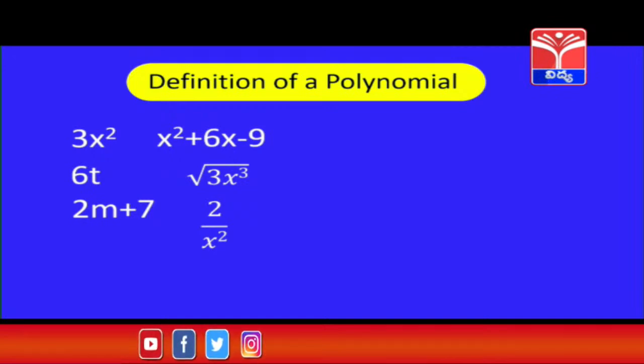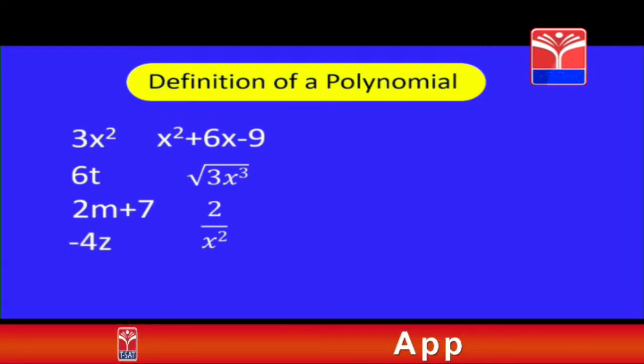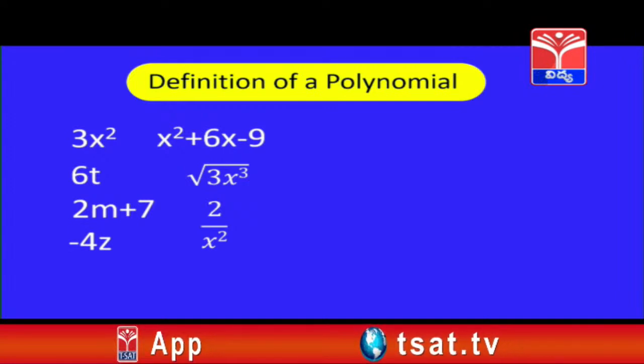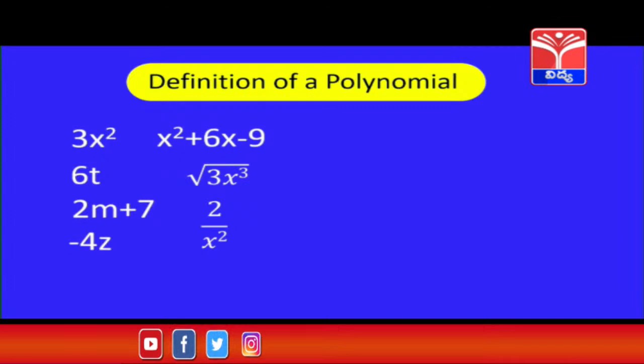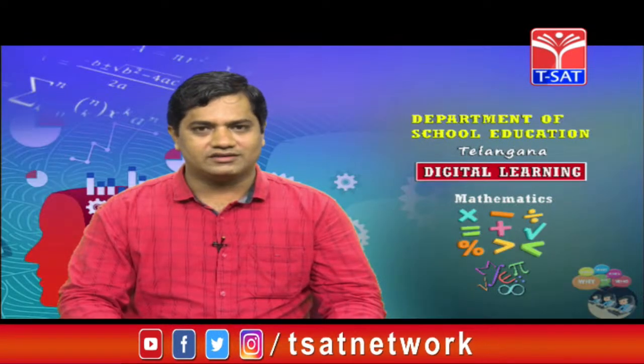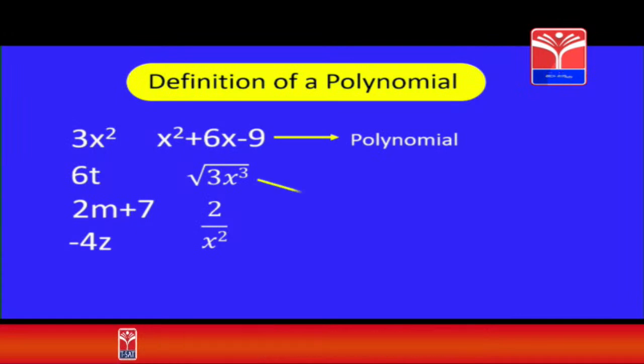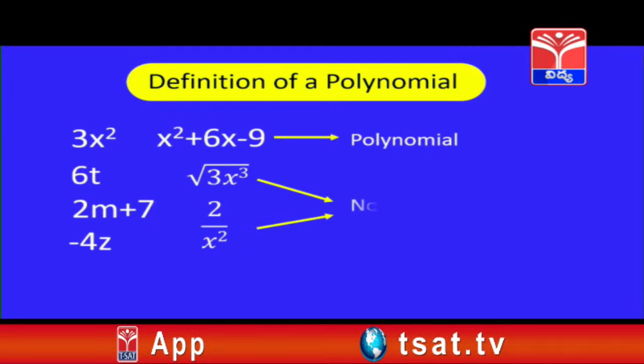What is the condition to define it as a polynomial? See here: minus 4z, 2m plus 7, 2 by x square. Here the variable has different exponents. So, the first ones are polynomials, whereas root 3x cube and 2 by x square are not polynomials.